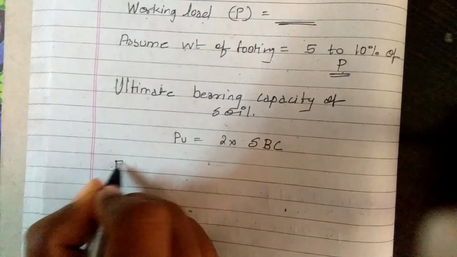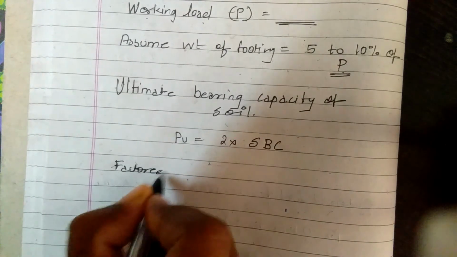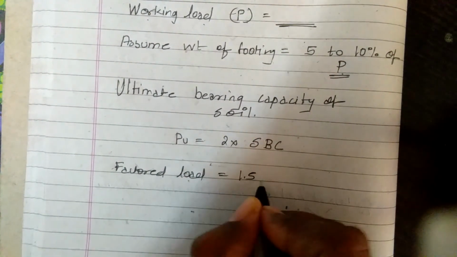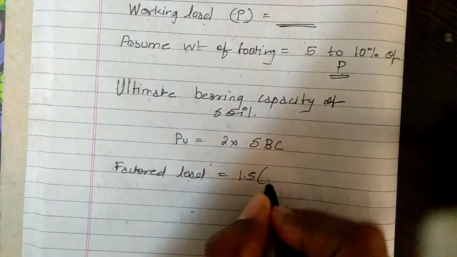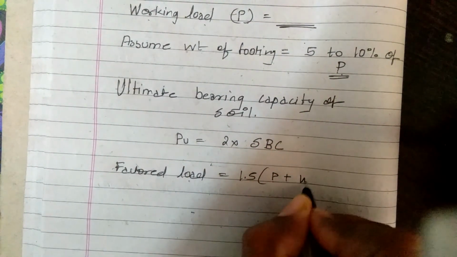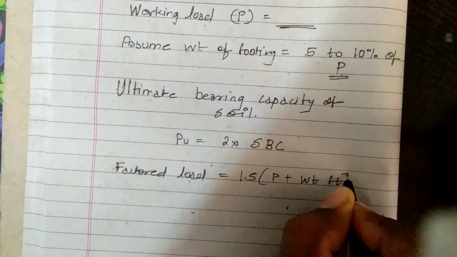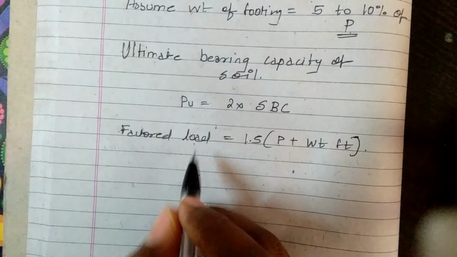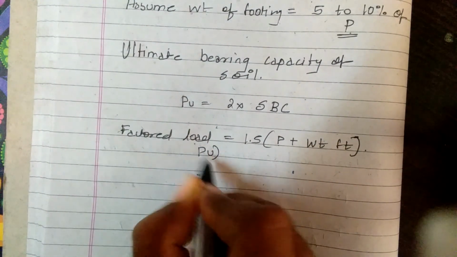Now the next one, factored load. Factored load is 1.5 times P, where P means working load plus weight of footing. Here you will get the factored load, that is Pu.